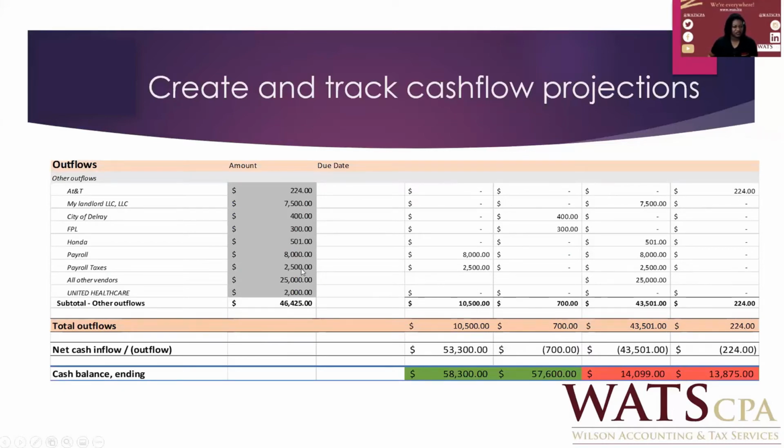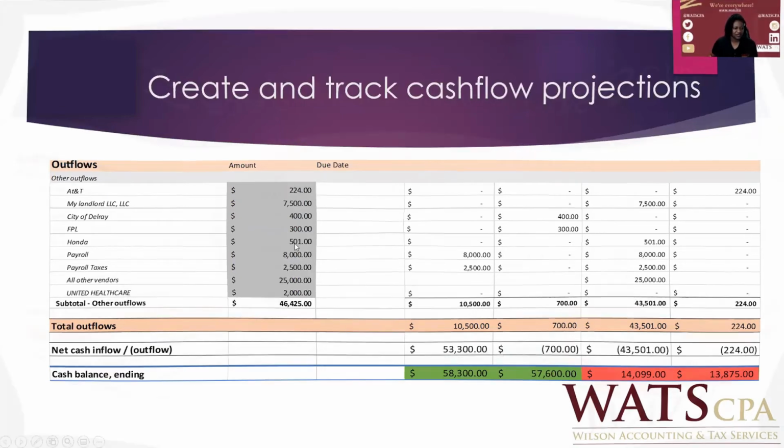In this particular example, this company has utilities, landlord, more utilities, car payments, that kind of stuff. Payroll, as you see here, is every 2 weeks. And then all other vendors, I just threw that in there for calculation purposes. But of course, you would have a lot more expenses than the ones listed here.